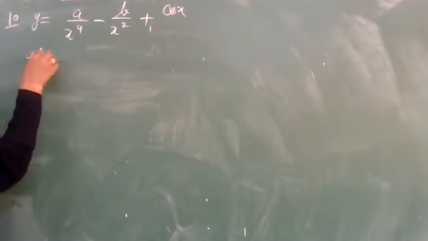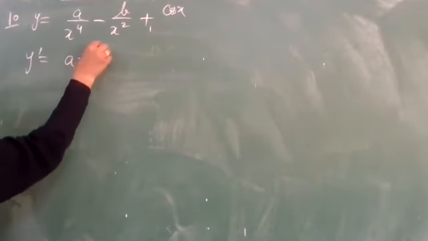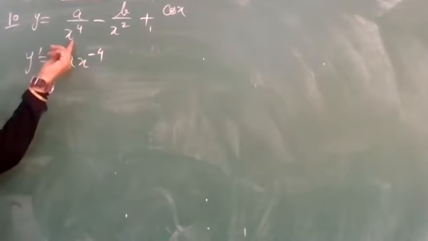Yes, how will we solve this? We have to find out the derivative. What can we do for simplification? No need to take the LCM. It will make the question complicated. Rachit is correct. We can write it like this: ax raised to the power minus 4. एक ही तो वेरिएबल दिख रहा है हमें यहाँ पे, right? So we can take it in the numerator.